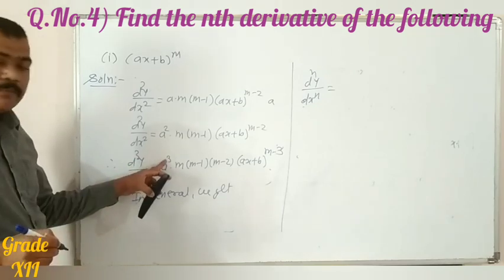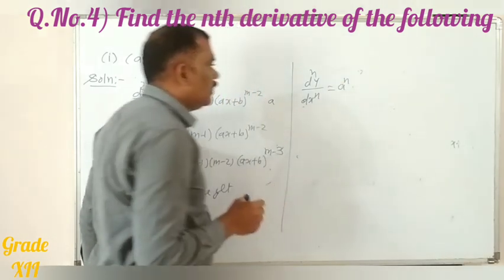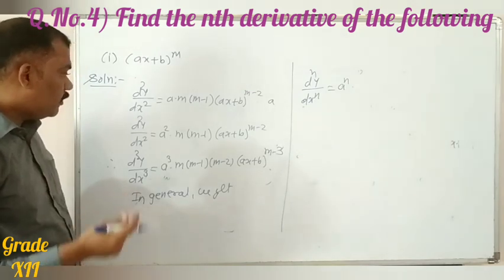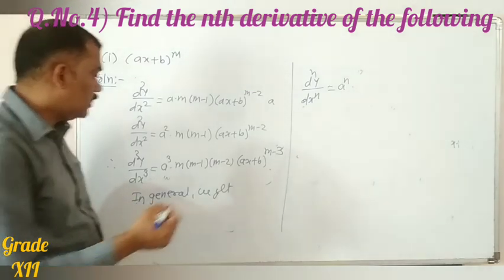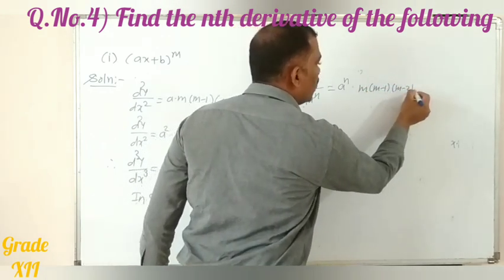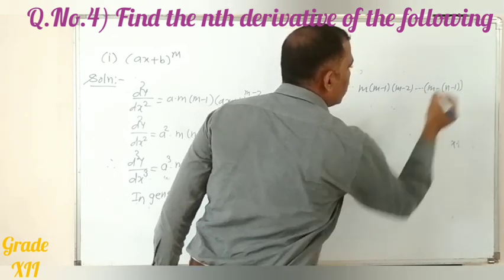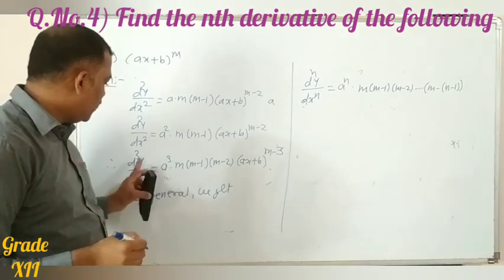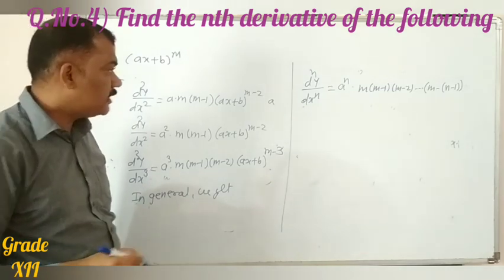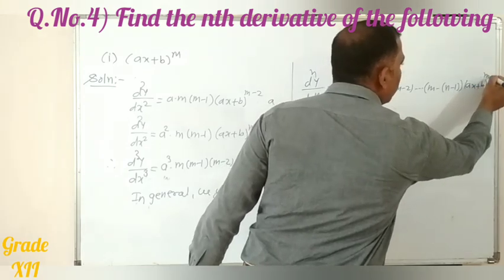Here third order derivative power of a is 3. Nth order derivative the power of a is nothing but n. Nth order derivative we have to write m into m minus 1 into m minus 2 so on up to m minus n plus 1, into ax plus b raised to m minus n.